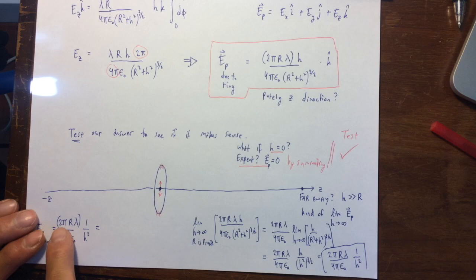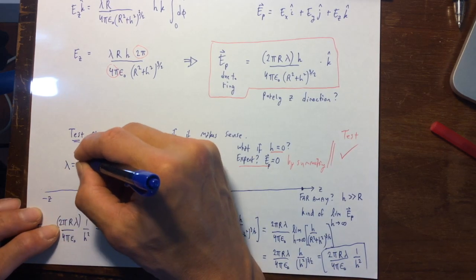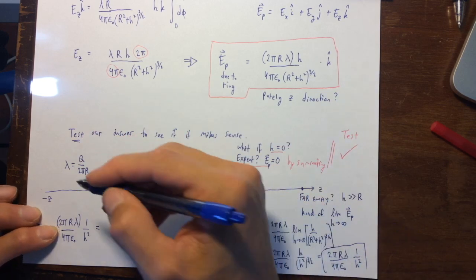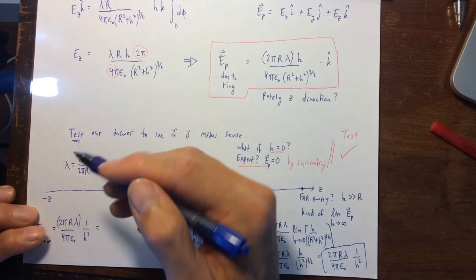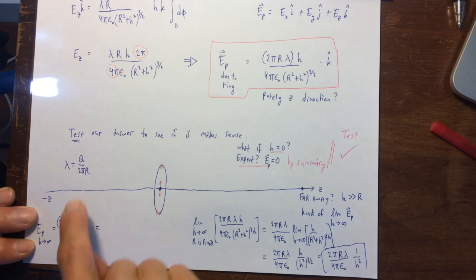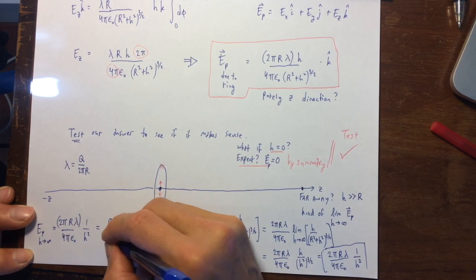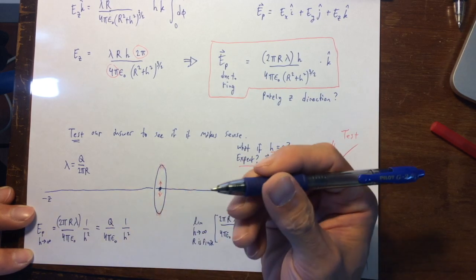Let me remind you of what 2 pi R lambda is. Remember that lambda is the charge per length, the charge on the circle divided by the circumference. So the circumference times lambda is just the charge of the ring. So it looks like q over 4 pi epsilon naught, 1 over h squared.